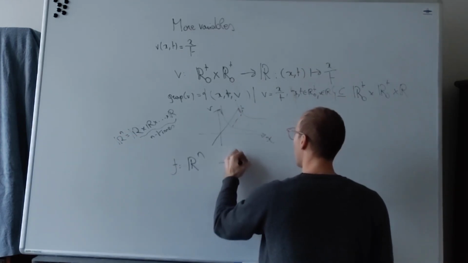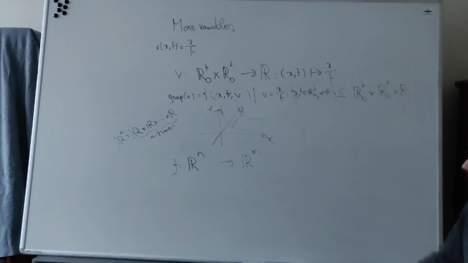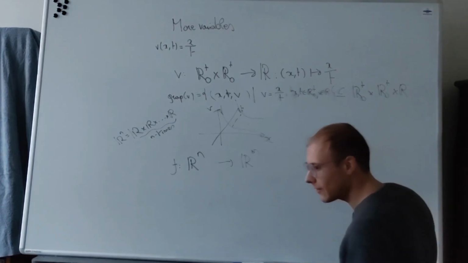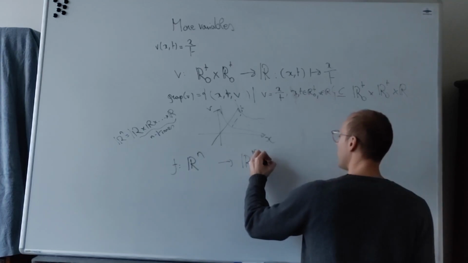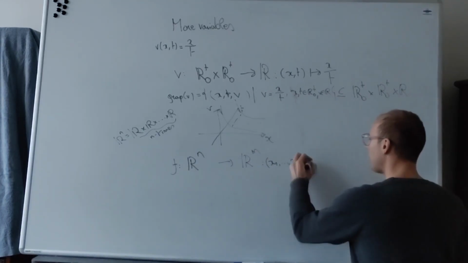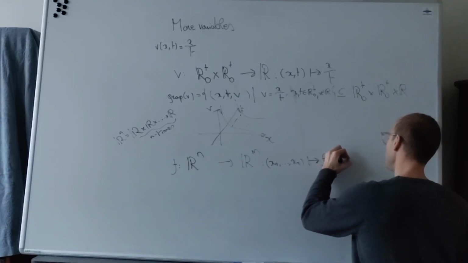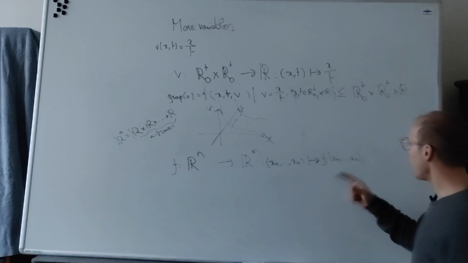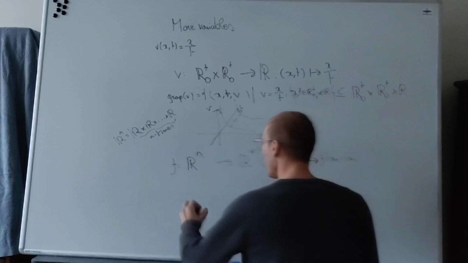I can go to an m-dimensional space. m can be bigger than n, smaller than n, or equal to n. It doesn't really matter. And well, what's an element here? It's an n-tuple, and this is just mapped to f of this n-tuple. So let's give a concrete example.